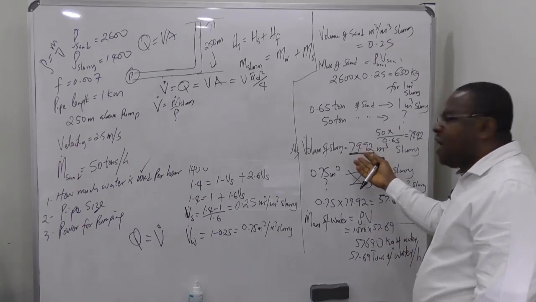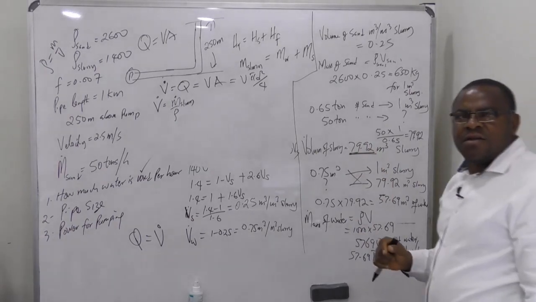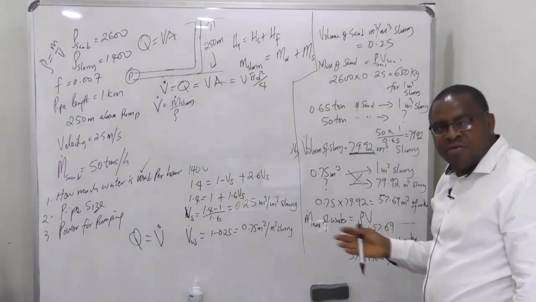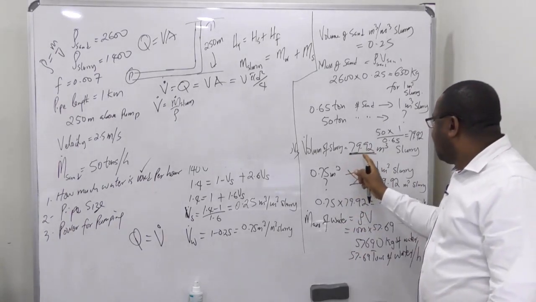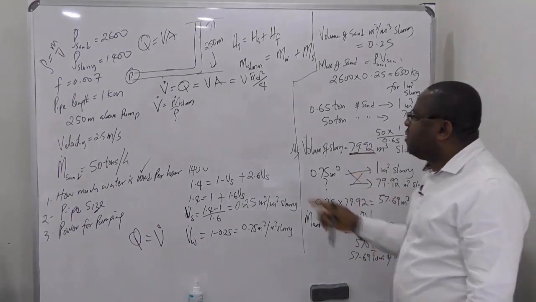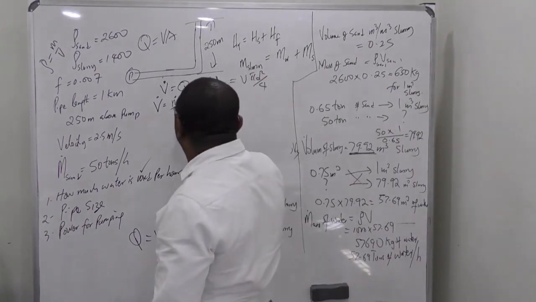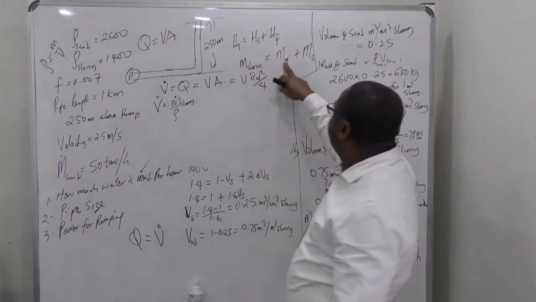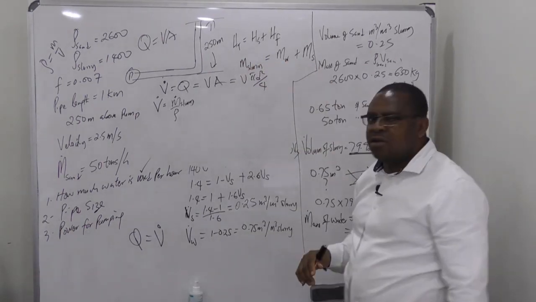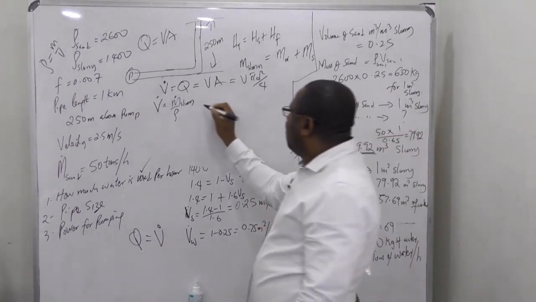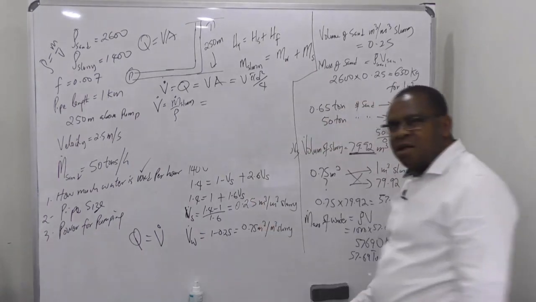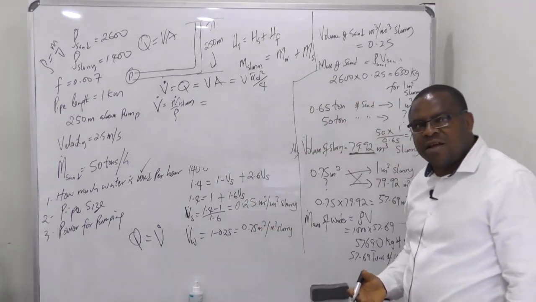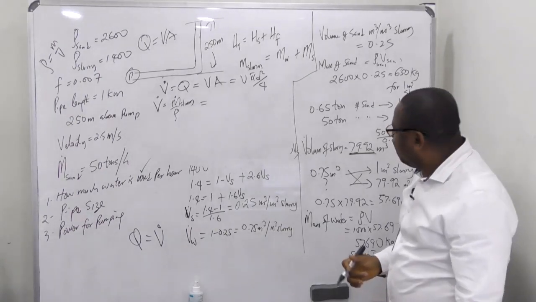But we can even use the volume of the slurry. They will give you the same thing. But let me just see. We put an equation. We said mass of slurry is mass of water plus mass of solid. So what did we calculate as mass of water?